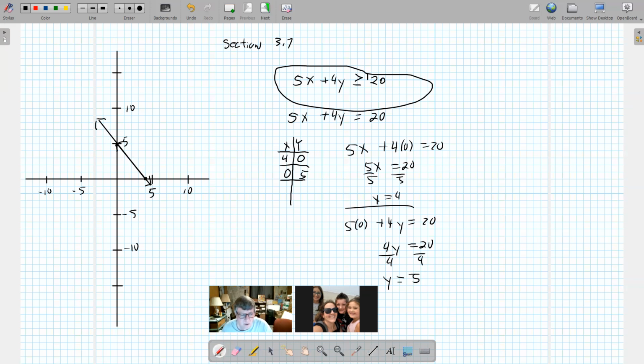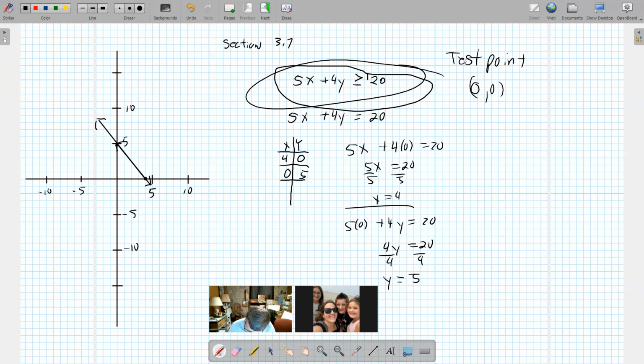So now I need to determine which side of that line is included in the solution. To do that, I pick a test point. Okay. And (0, 0) is a good test point if it's not on the line. You never want to pick a test point that's actually on the line. (0, 0) is not on the line. So we'll try (0, 0). We're going to put that into the original inequality statement.